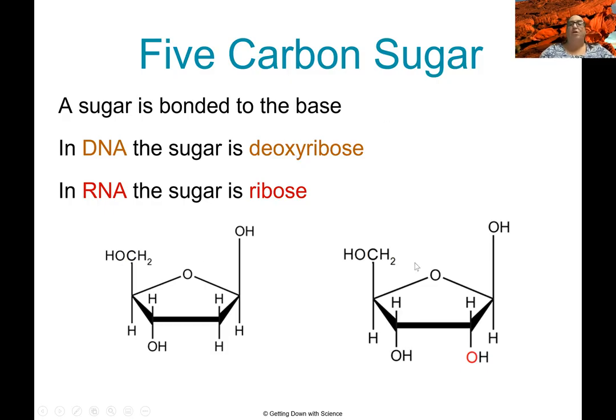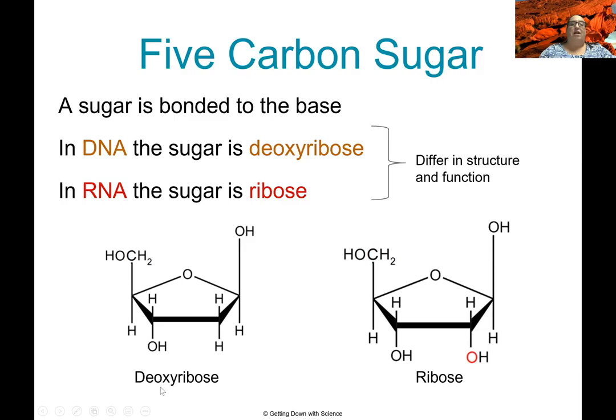Look at the two molecules. One of them has one more oxygen than the other. So we have ribose, and then deoxy. When we say deoxy, that means we took away an oxygen. So then we have our deoxyribose sugar. This is where those names of ribonucleic acid and deoxyribonucleic acid come from, based on the sugars.